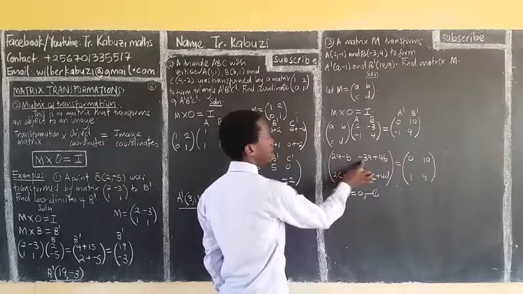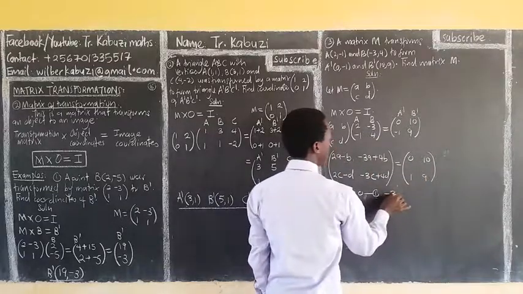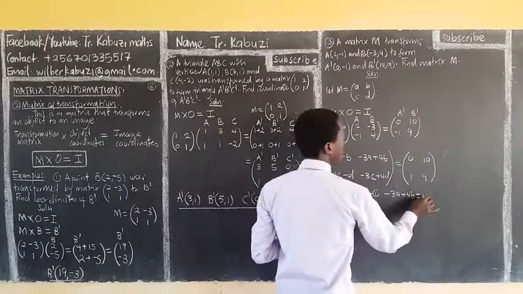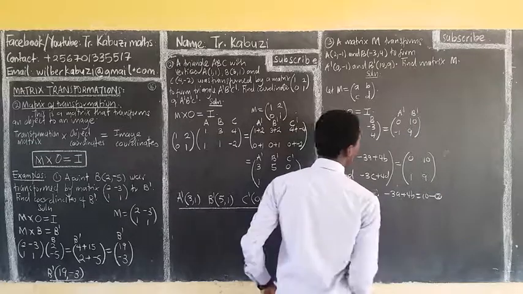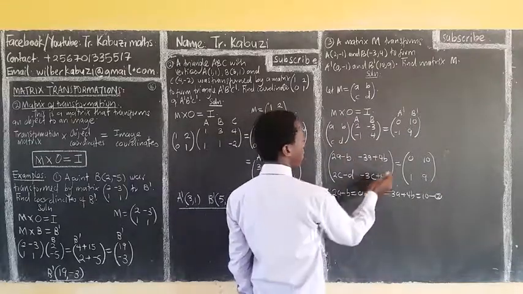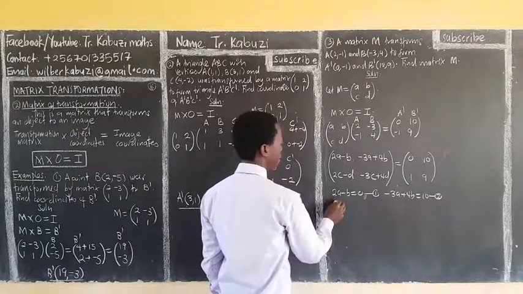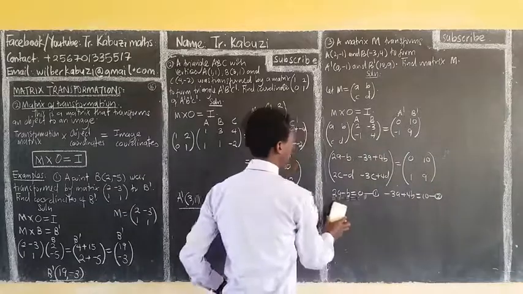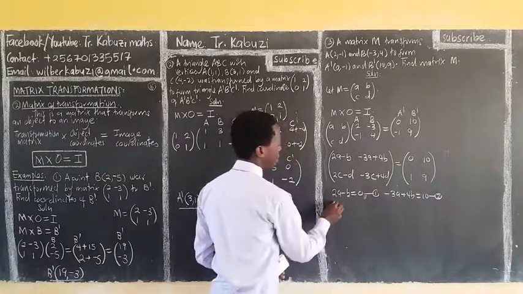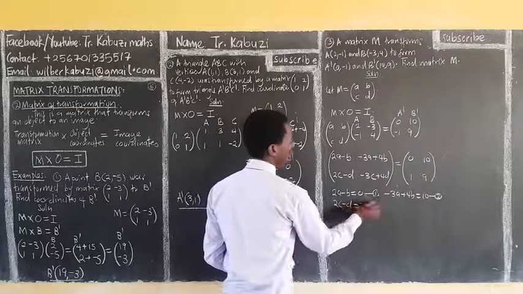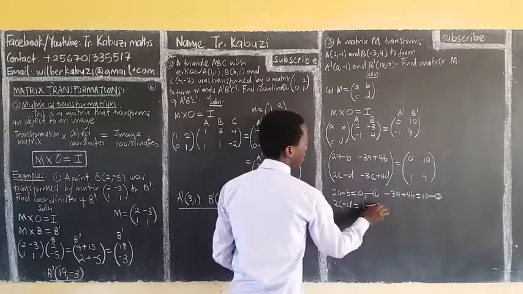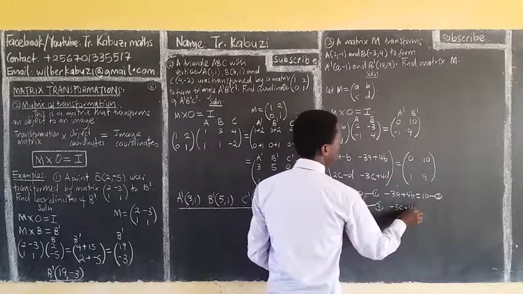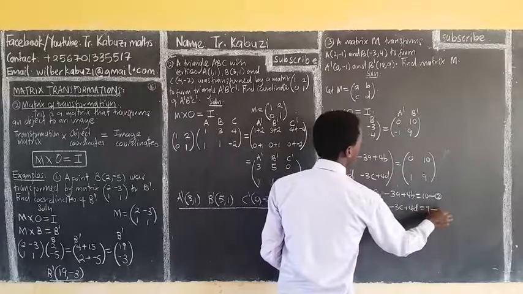Then negative 3A plus 4B is going to be equal to 10, equation 2. Then I have 2C minus D equal to 1, equation 3. Then here I have negative 3C plus 4D equal to 9 as my equation 4.